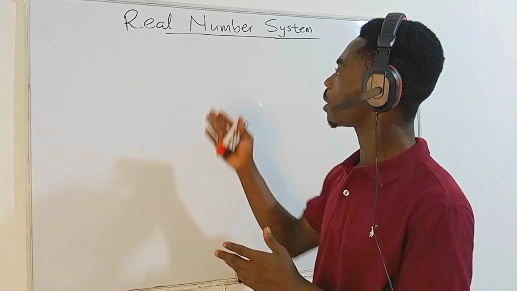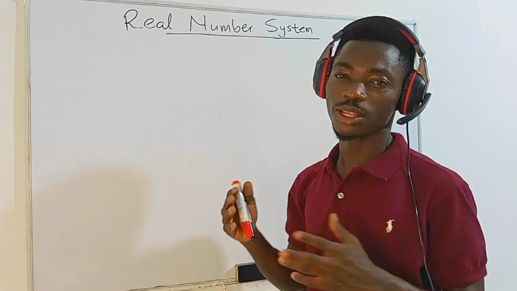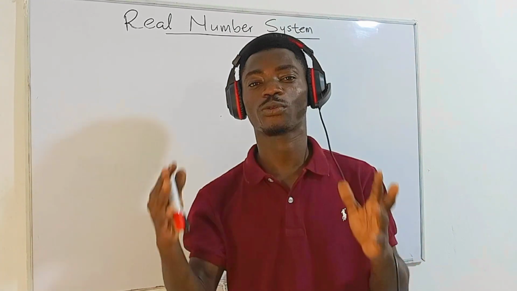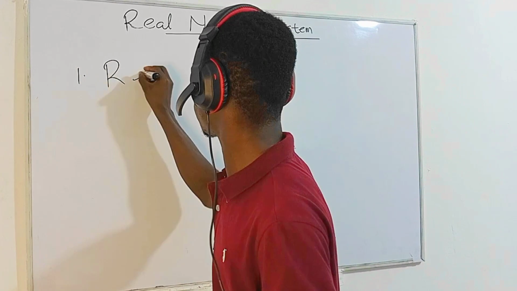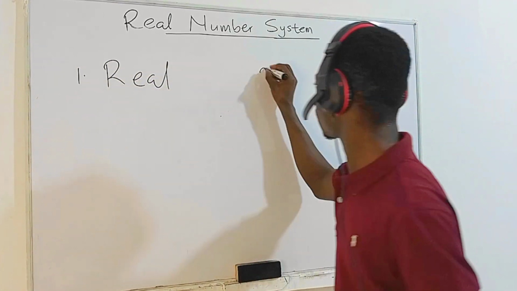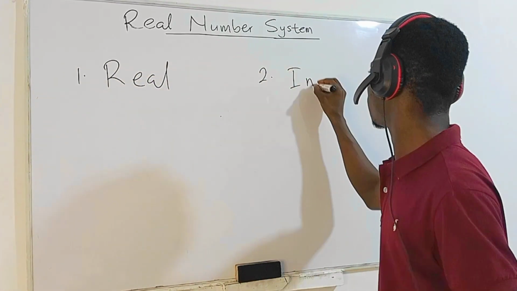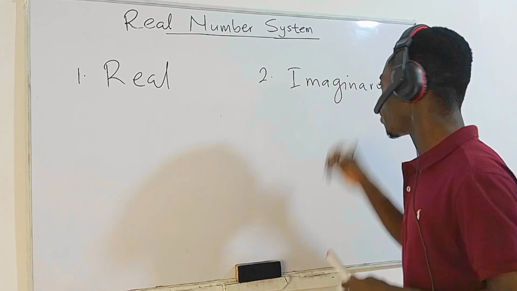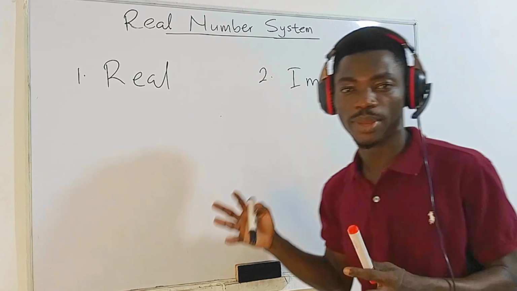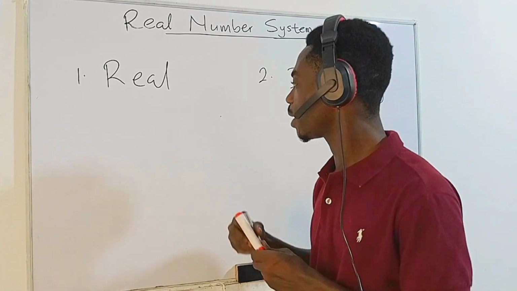Before we start with the real number system itself, let's consider the two main categories of numbers. The first one is real numbers, and the second one is imaginary numbers. Now, to understand these numbers better, let's consider the following set of numbers.